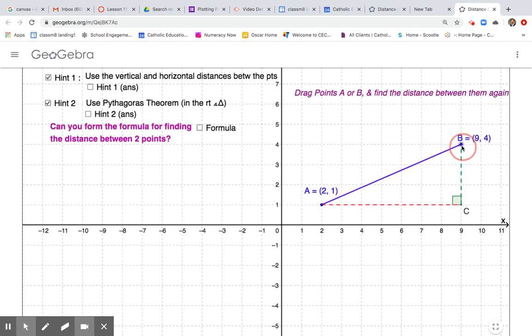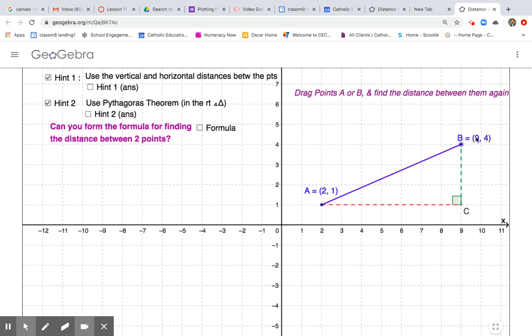If we change it about here, so I've changed the distance, but the triangle is always still going to be some right-angled triangle. We can always draw this right-angled triangle. What's this length? It's going to be 4 minus 1. This is y equals 4. This is y equals 1, so this length is 3.